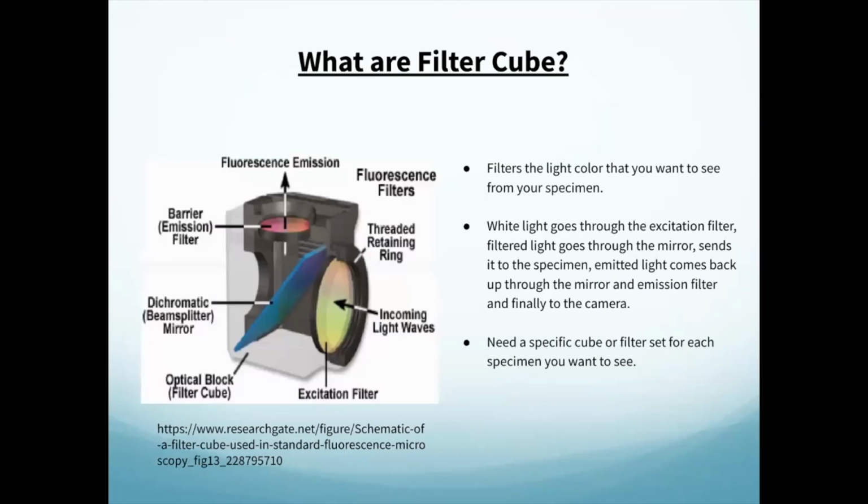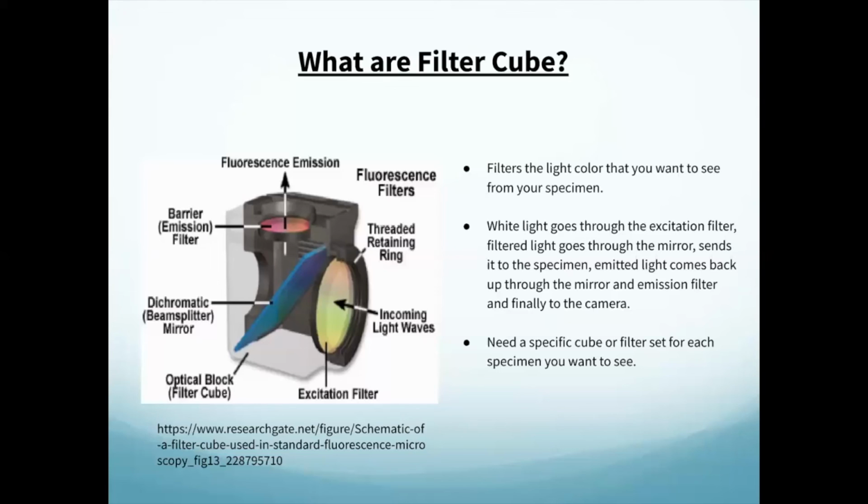Thank you, Terry. My name's Lauren, and I'll be talking about what a filter cube is and how it works. So the filter cube is a cube that houses an excitation filter, the dichroic mirror, and the emission filter. The filter cube filters the light color that you want to see from your specimen. The white light from the light source goes through the excitation filter, is then filtered through the dichroic mirror and sent to the specimen.